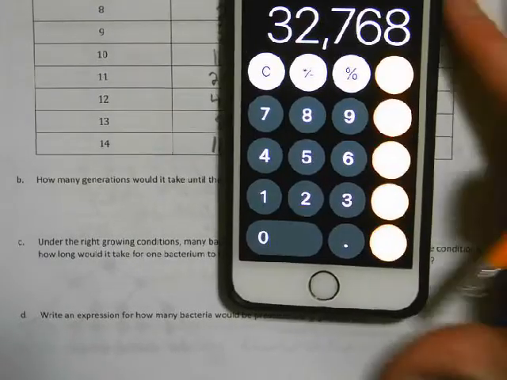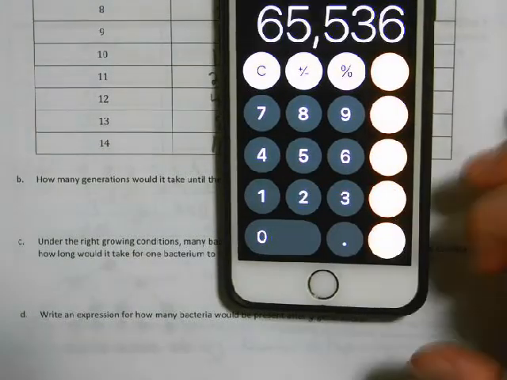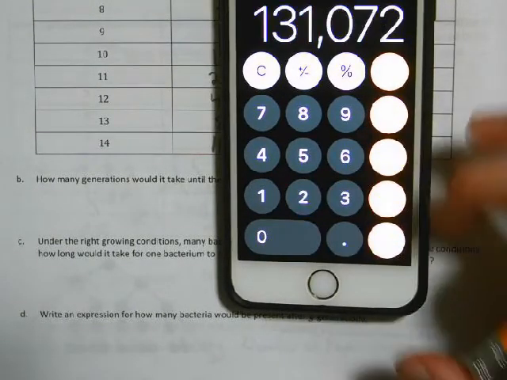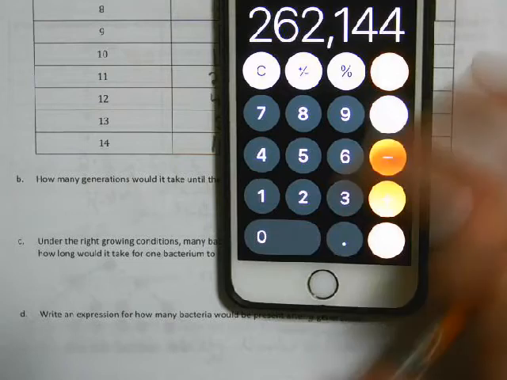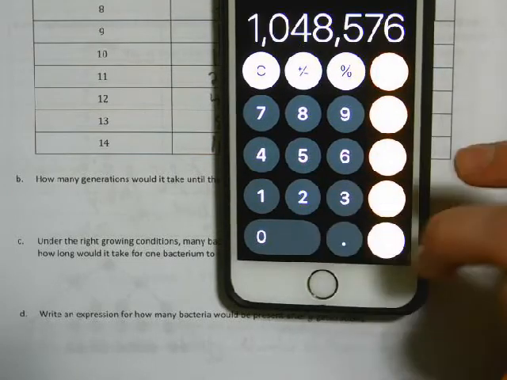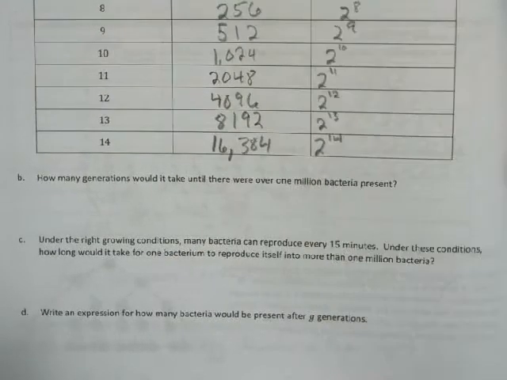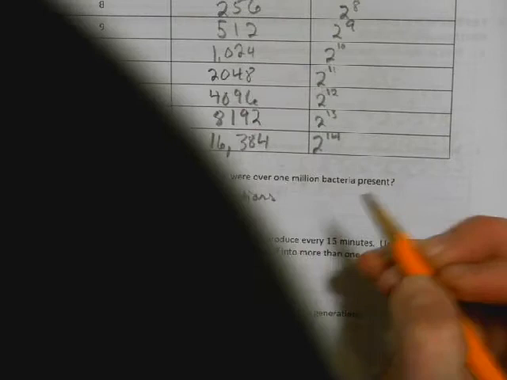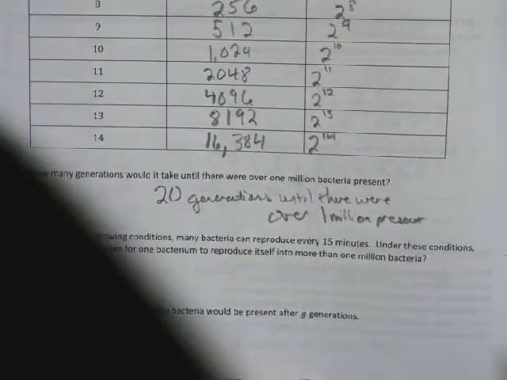That's 15, 16, 17, 18, 19, 20. So we would need 20 generations until there were over 1 million present.